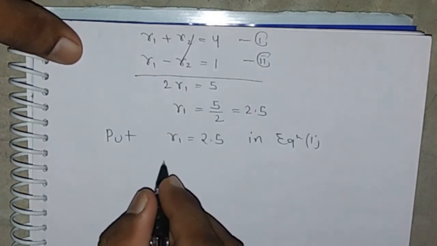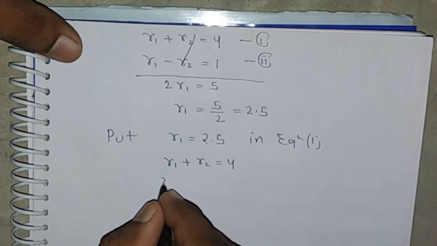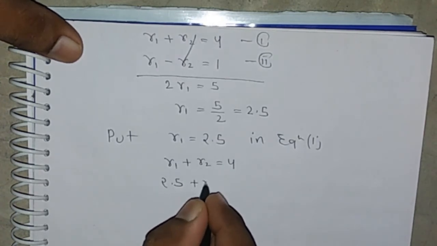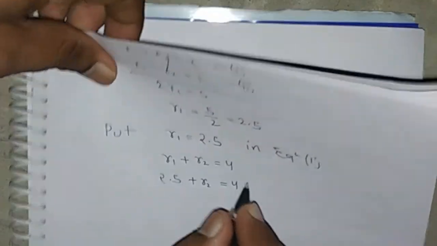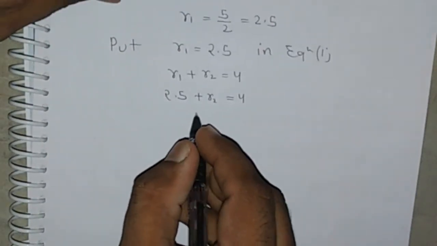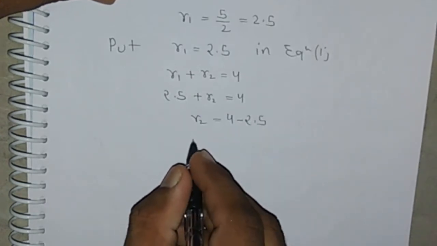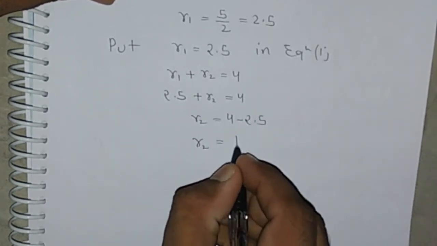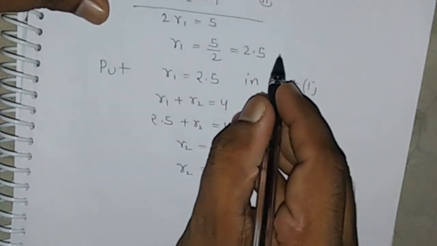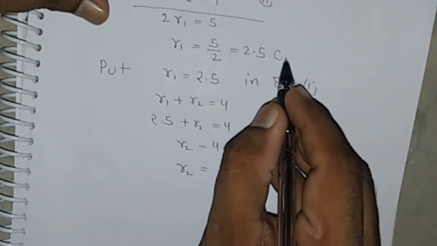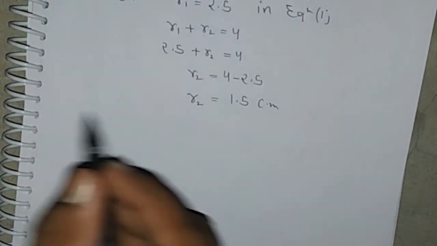We have R1 plus R2 equal to 4, means 2.5 plus R2 equal to 4. Then the value of R2 is 4 minus 2.5, then R2 equal to 1.5 cm, and it is the inner radius; R1 is the outer radius, and it is the inner radius.